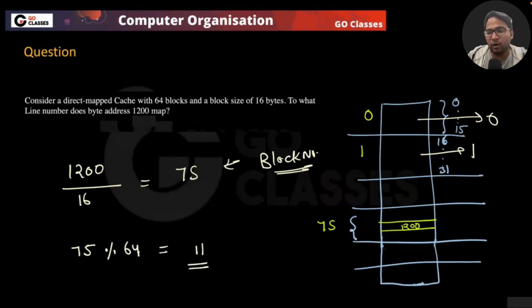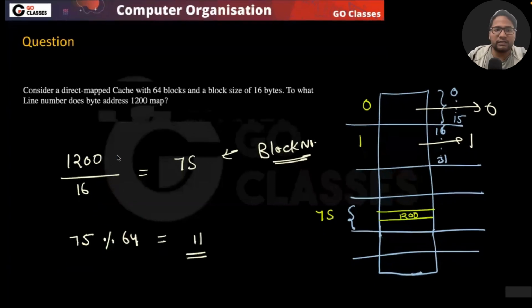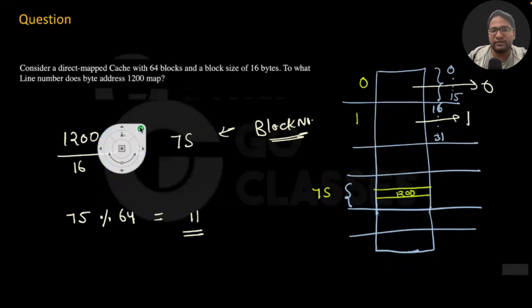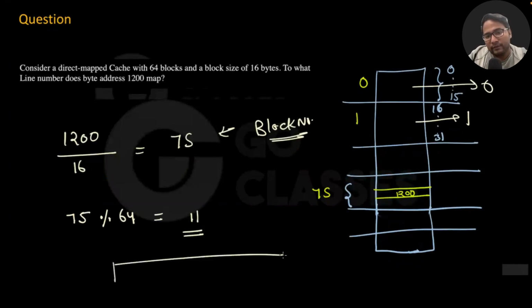Let me show you side by side how we do it in binary and how you do it in decimal. You have some address, 1200, in binary. First you find the block number. Since the block size is 16 bytes, here it is 4 bits.